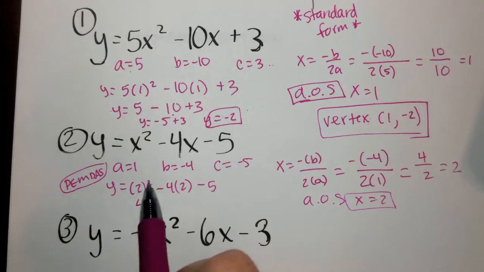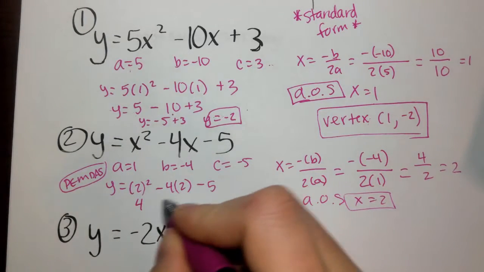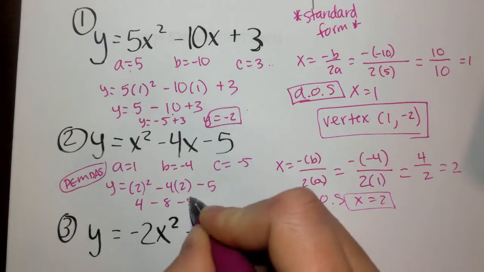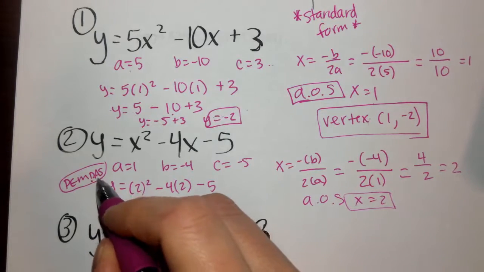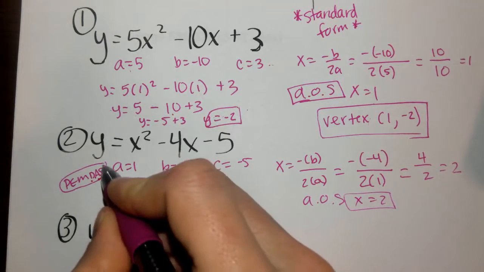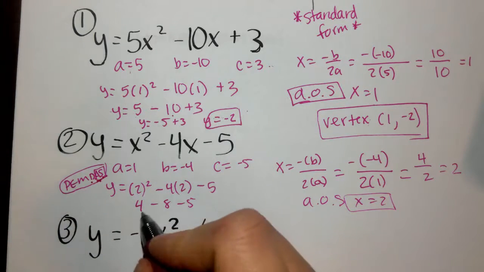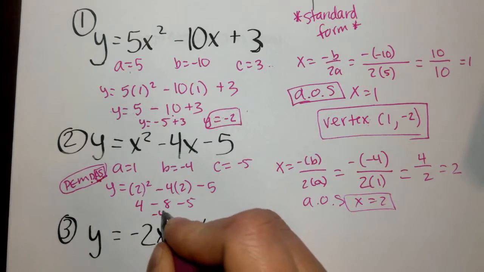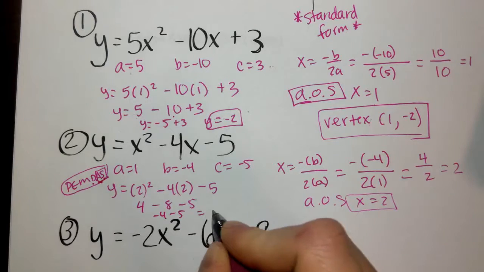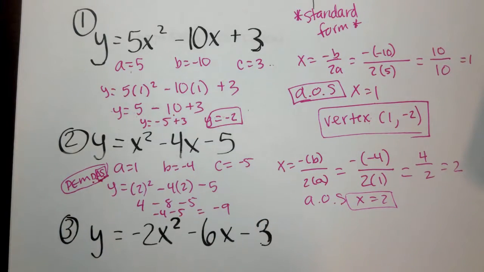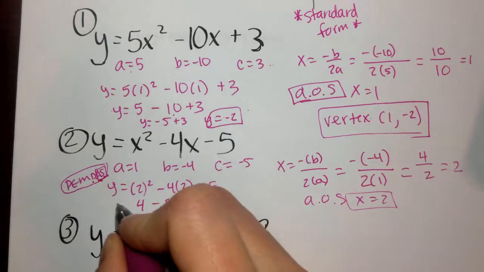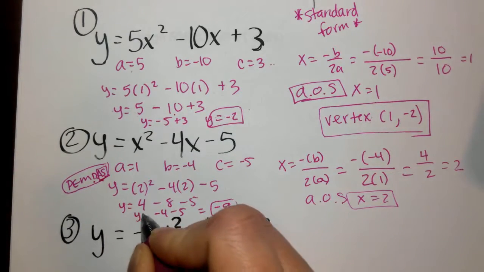Parentheses, exponents, boom, multiplication, right here, minus 8, minus 5. Division, addition, subtraction. Now addition, subtraction, that's the only operations remaining. We go in order left to right. 4 minus 8 is negative 4, minus 5, and you get negative 9. So that's your y value. Once again, track that y value down the whole way.